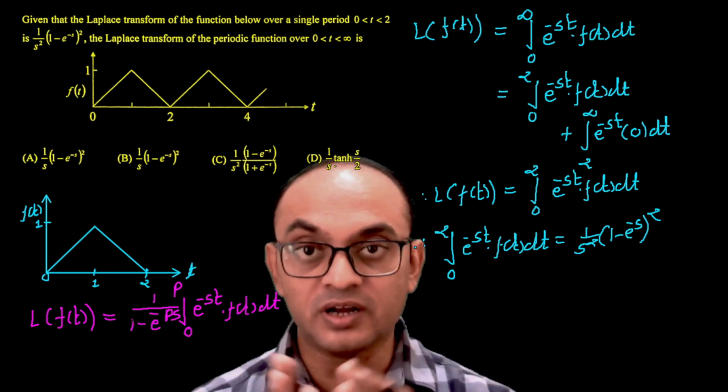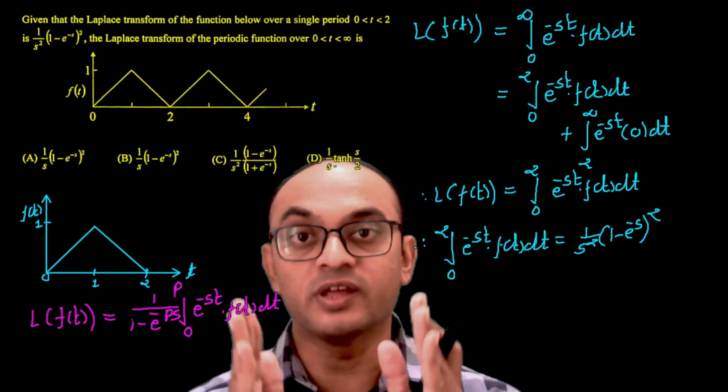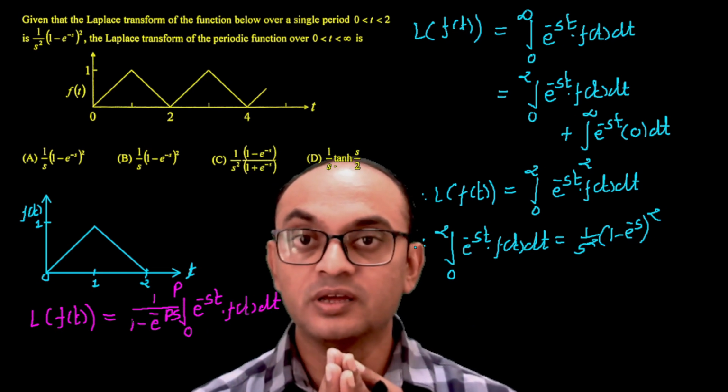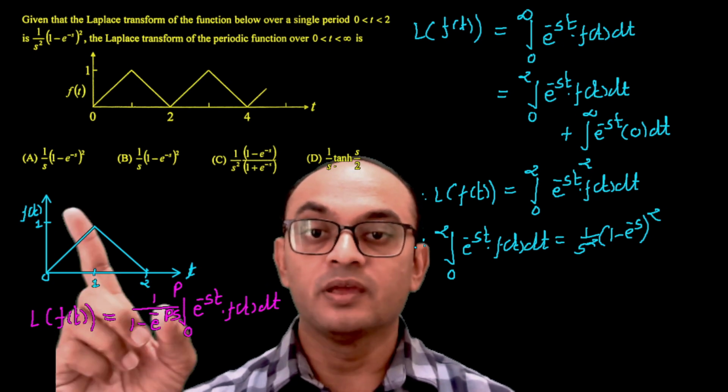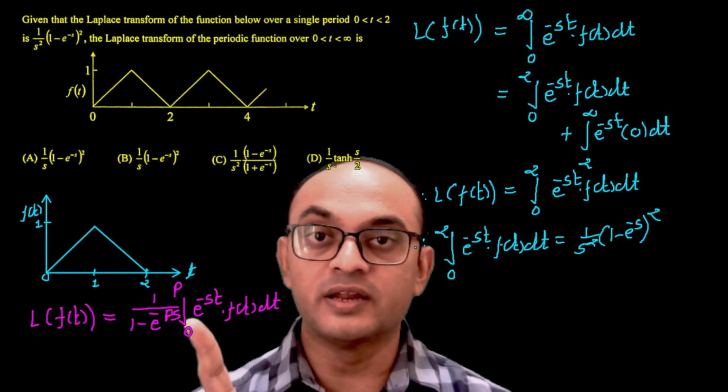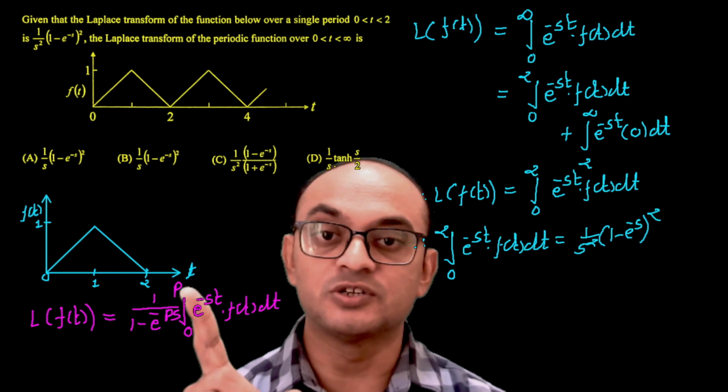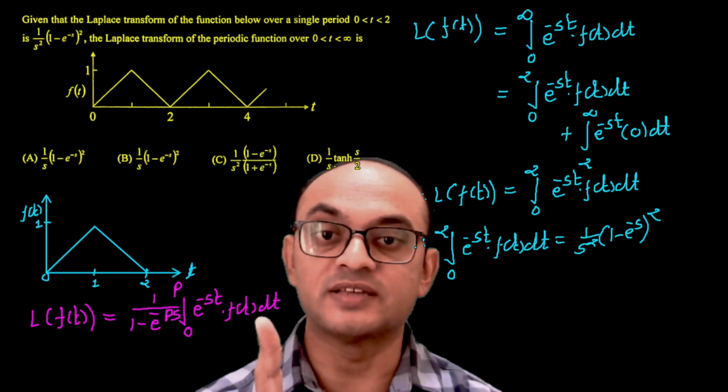This is not difficult to derive: for any periodic function of period p, the Laplace transformation of f(t) is 1/(1 − e^(−ps)) times the integral over 0 to p of e^(−st) f(t) dt.